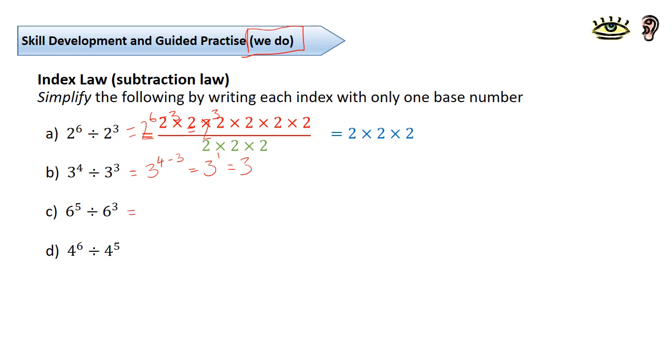It makes sense, as there is one 3 there. 6 is our base, 5 take our other power, which is 3, so I have 2 left. 4 to the 6 take 5, which is 4 to the 1, which, if you're happy to do it, just leave as 4.